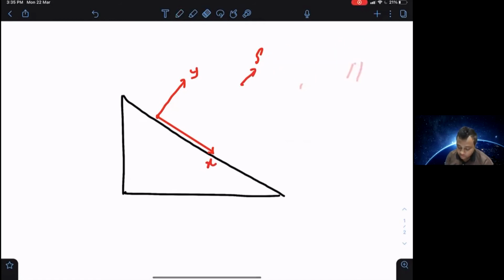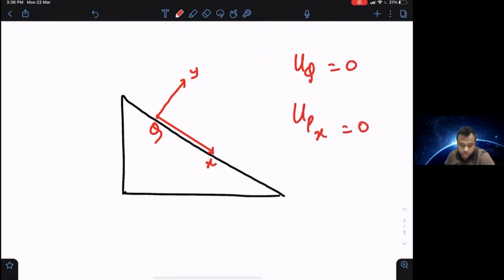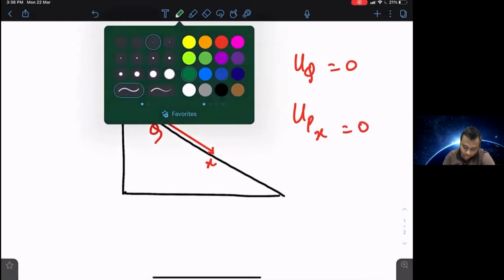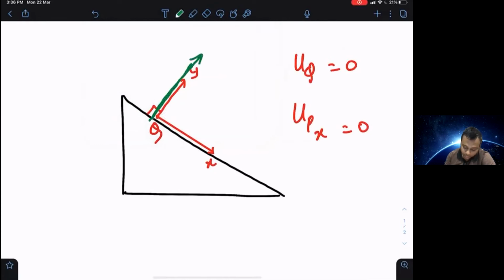So same initial velocity along the x-axis, but this point Q is simply released from rest. So the initial velocity of Q is 0, which means the initial velocity of P along the x-axis should also be 0. What does this mean? It means that P should be projected perpendicular to the inclined plane. Then it will have a velocity only along the y-axis, and no component of velocity along the x-axis.